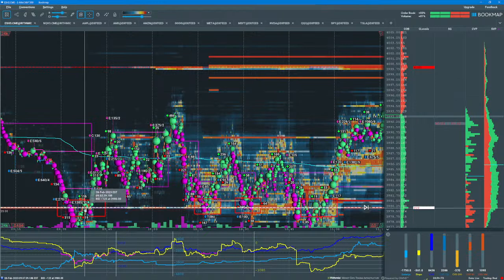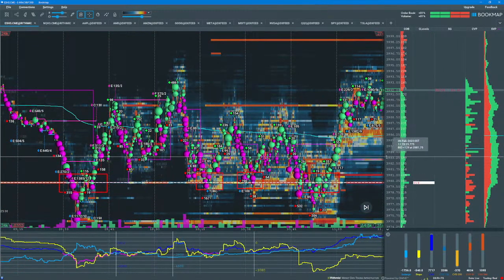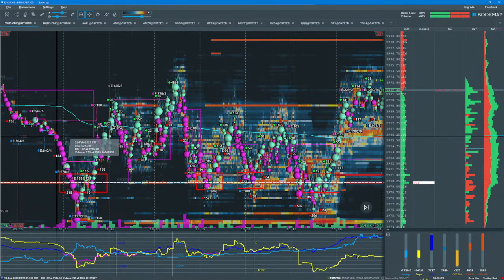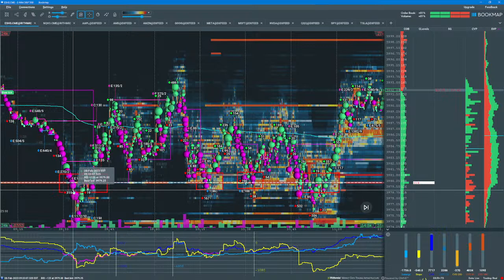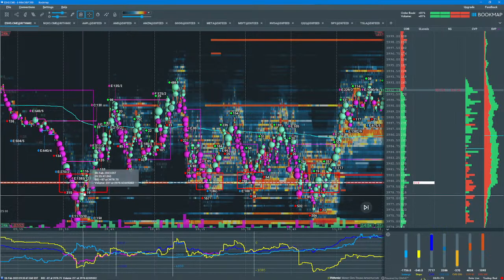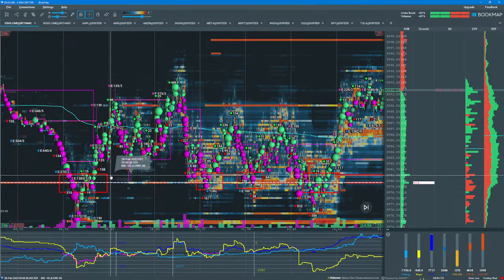So here's the first reversal, and you can see the shift in order flow. Notice all the pink dots. These are market sell orders, and then the shift to green dots, market buy orders, and price moves higher.